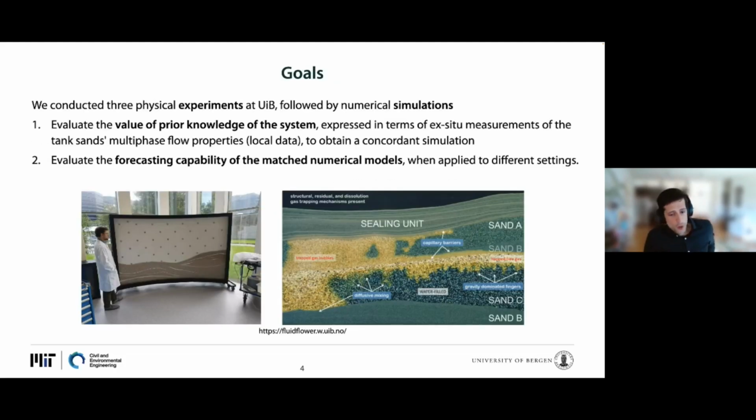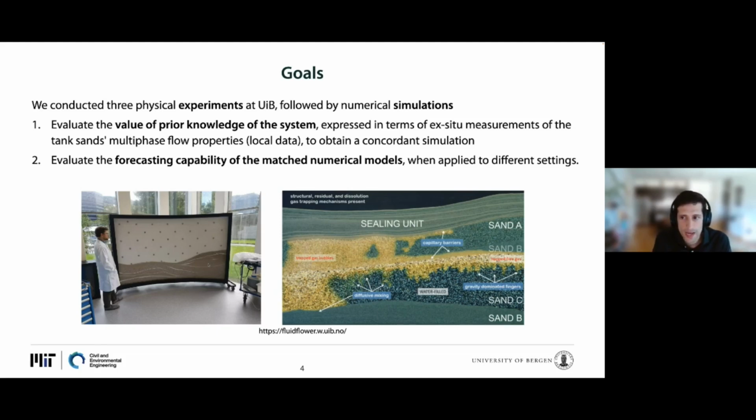So the specific goals of our study here were, first of all, to evaluate the value of prior knowledge of the system. In this case, we express this in terms of ex situ measurements of the sand's multi-phase flow properties to obtain an accurate or concordant simulation.